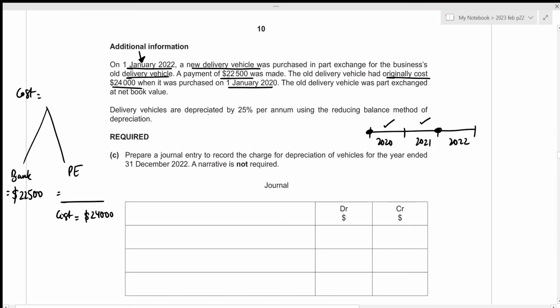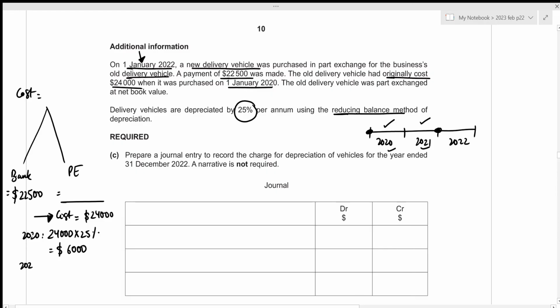We are also told that the delivery vehicles are depreciated by 25% per annum using the reducing balance method, which means that we need to charge the depreciation to this old motor vehicle of cost 24,000 for the first 2 years. So let's figure out the depreciation charge for 2020. In this case, we don't have any accumulated depreciation, so our cost will act as a net book value. So that's 24,000 times 25%, which gives the depreciation for the first year to be 6,000.